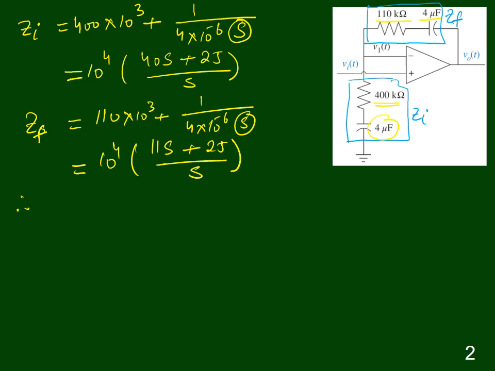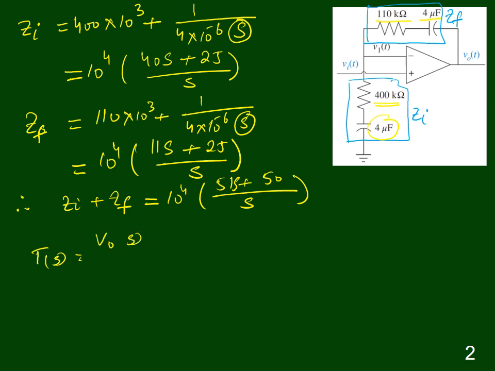Therefore, the feedback impedance plus the input impedance is equal to 10 to the power 4 into (51s plus 50) upon s, and the transfer function T(s), Vo(s) upon Vi(s), will be equal to the sum of the input impedance and the feedback impedance upon the input impedance.